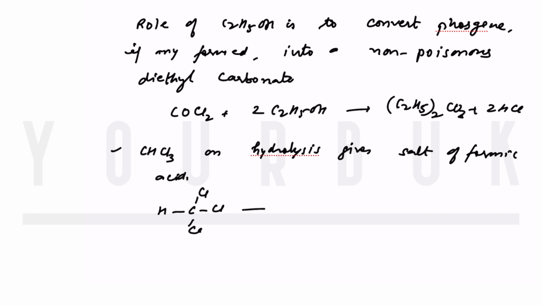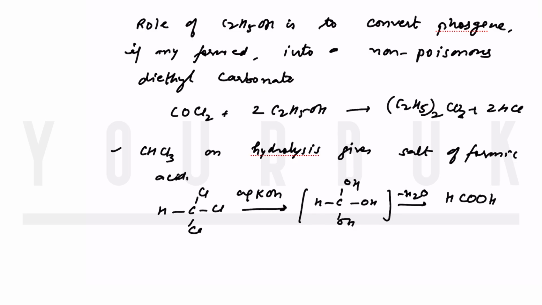We are hydrolyzing this with aqueous KOH. All three chlorines will be replaced, but more than one OH at the same carbon is unstable. It results in the loss of water to give formic acid, but since our medium is alkaline, it immediately gets neutralized to form a salt. So this is our final product, the potassium salt of formic acid.